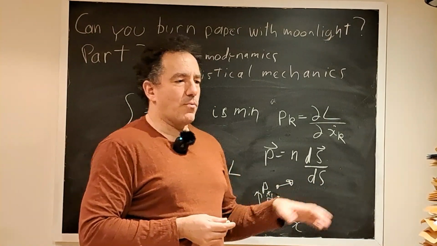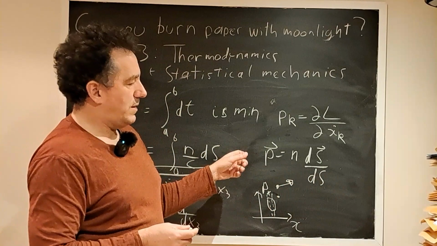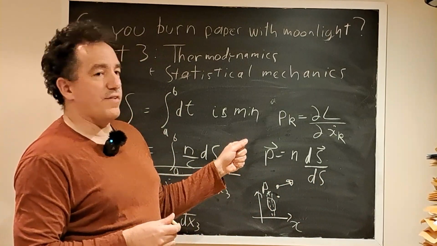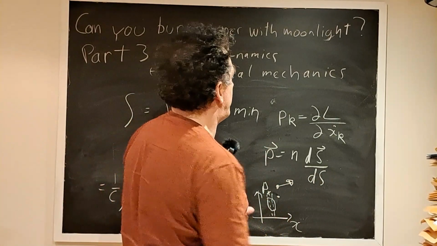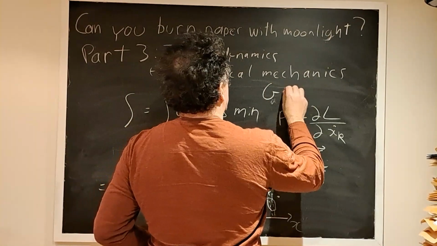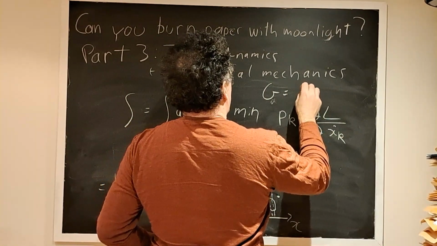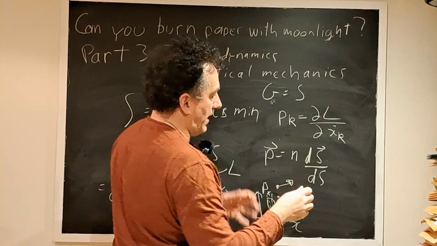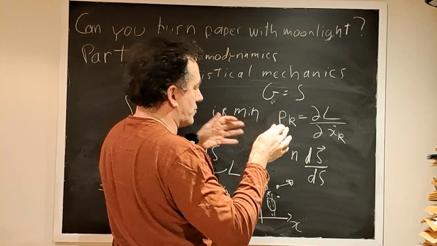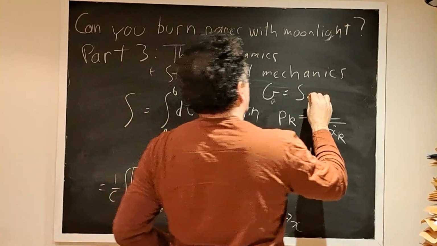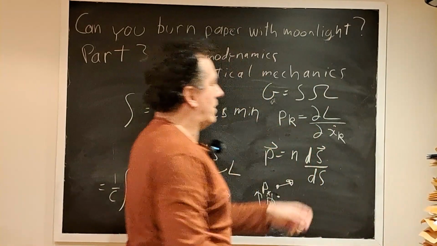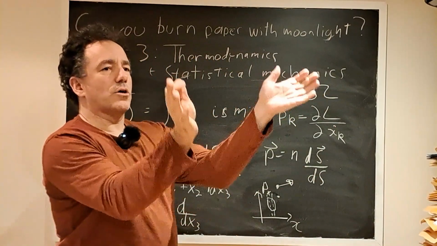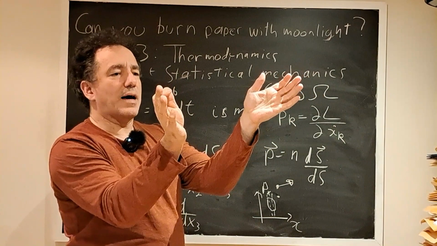But if you remember what we had with the conservation of étendue, it was the same. We have that the étendue was equal to the area of the surface through which the light goes, times omega, which was the solid angle subtended by the light.